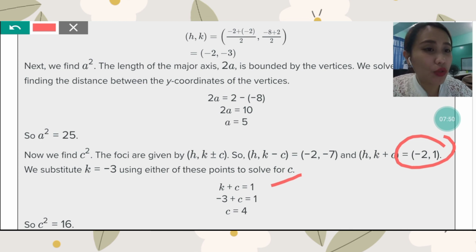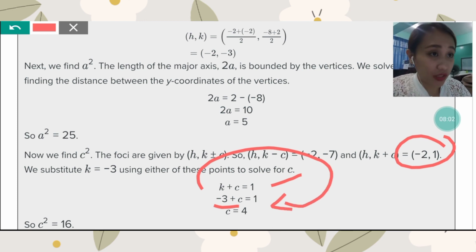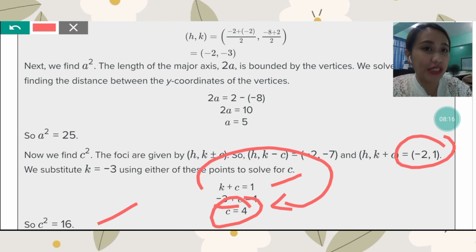Since we know that k is negative 3, solving for c, moving negative 3 to the other side of the equation, it becomes positive 3, and 1 plus 3 will give us the answer of 4. And since c is equal to 4, if we square that, therefore c squared is equal to 16.